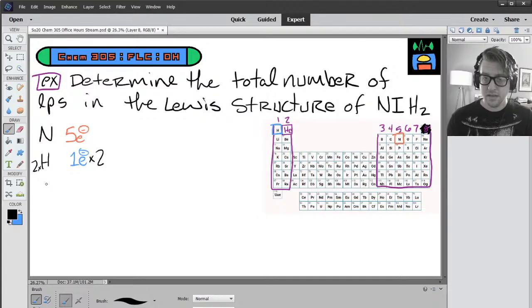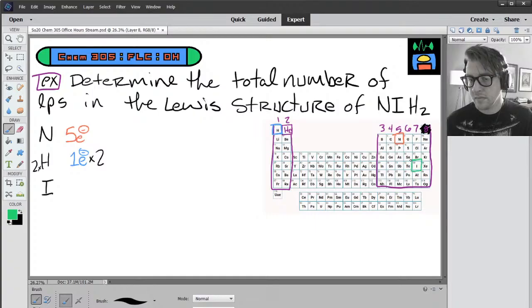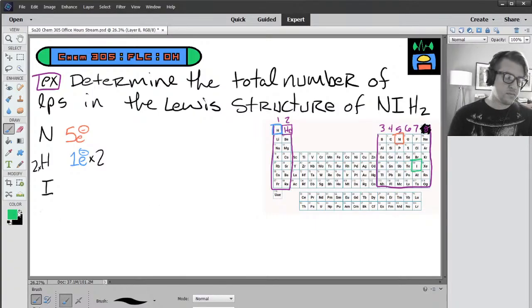And then iodine is in the 7th column, so it is bringing 7 valence electrons.